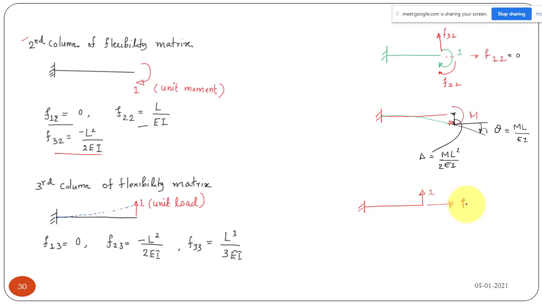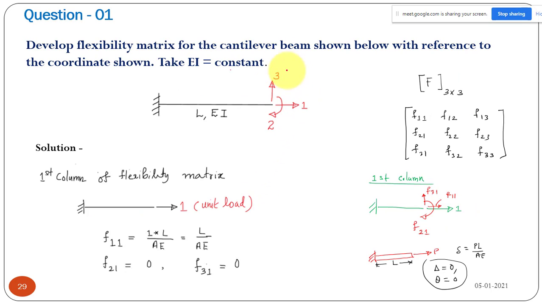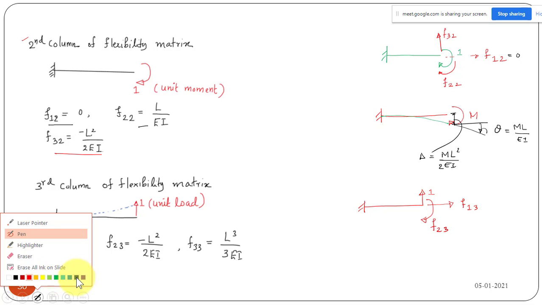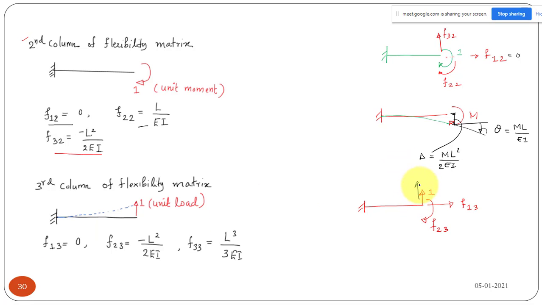That is your F13, because the coordinate is 3 and axial is 1, so this is the displacement at 1 due to unit force at 3. This will be F23, and your deflection corresponding to the same direction will be your F33.